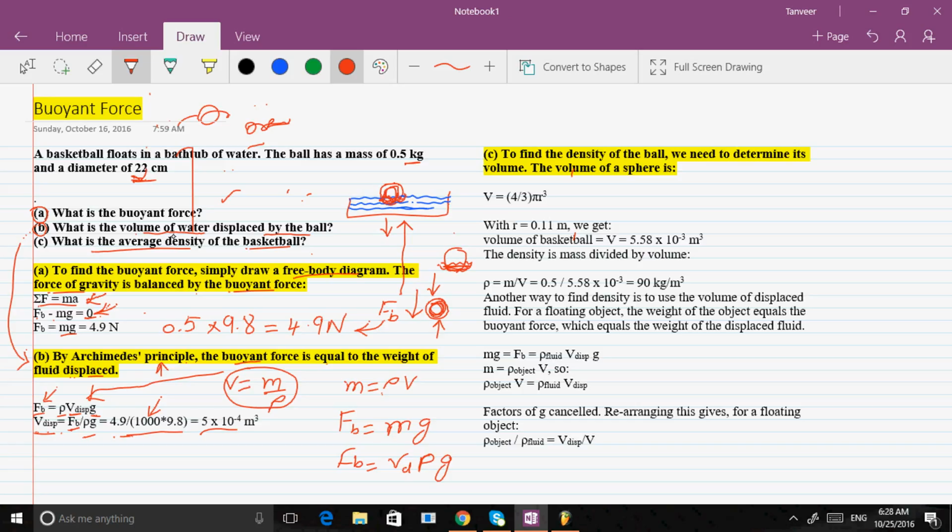In the third question, we have what is the average density of the basketball. We know the volume of a sphere is 4 by 3 pi r cube, and the diameter of the basketball in this case is 22 centimeter. When we convert centimeter into meter, the radius equals 0.11 meter.